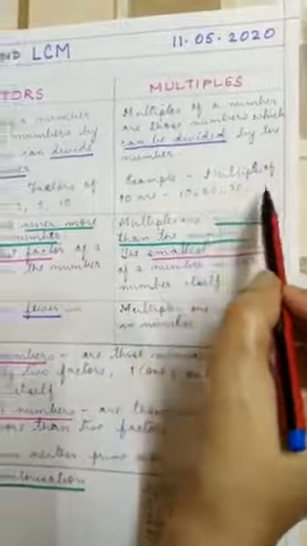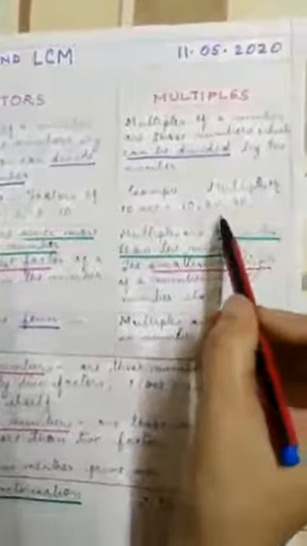So all factors are either less than the number or one of them is equal to the number. So factors are fewer in number, but multiples are many. You can have many multiples of 10. So multiples are infinite in number.